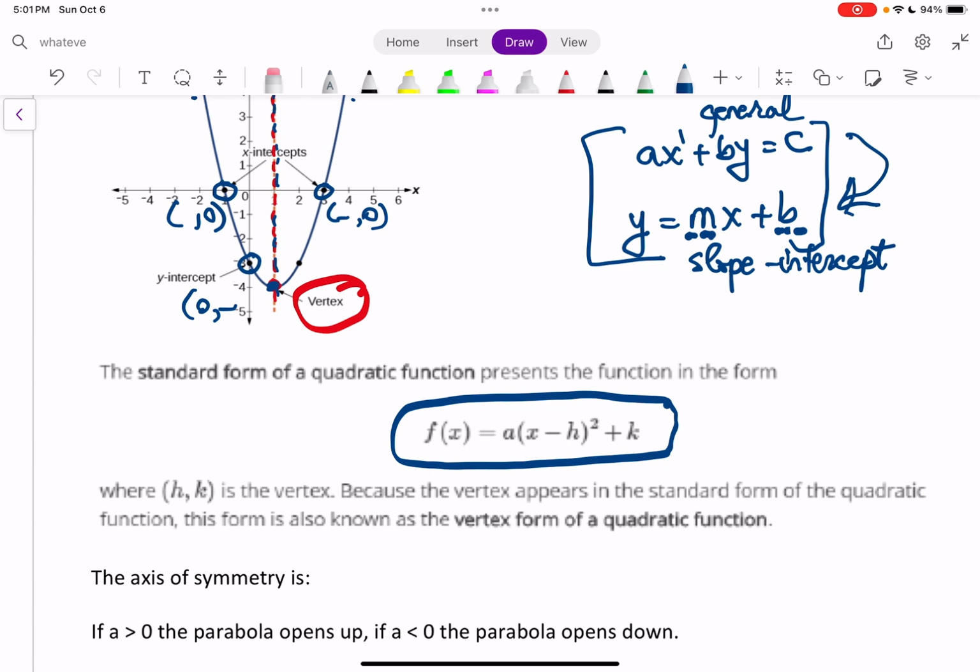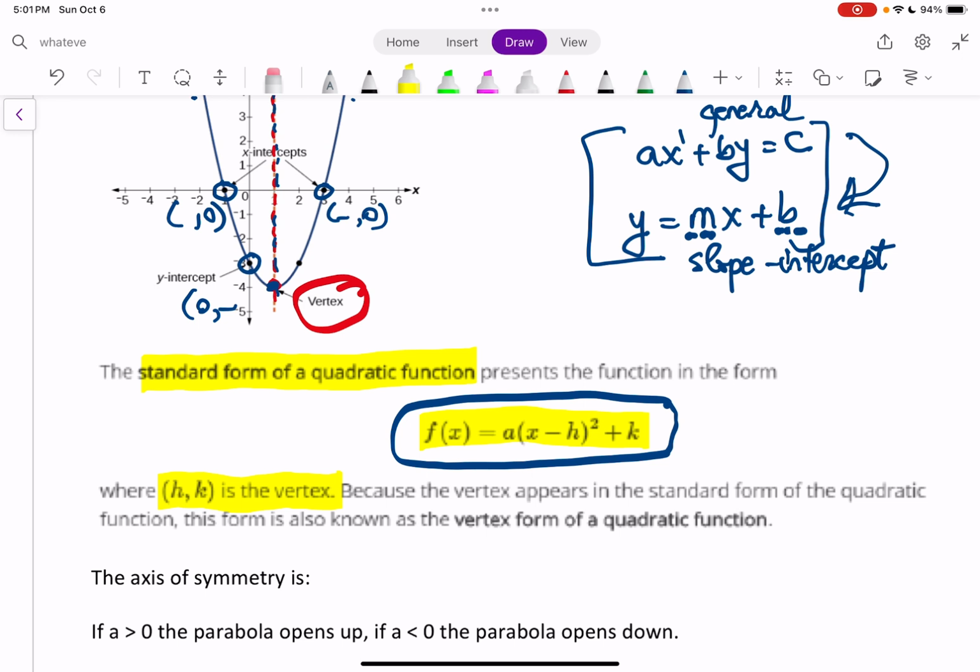And if we do have it in this format, it's much, much easier because then, according to this form, which by the way, we call the standard form of a quadratic function, in this format, these numbers h, k are actually the vertex of the parabola.